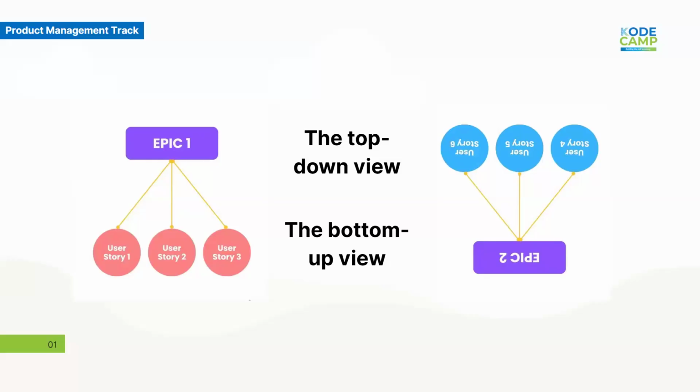When adopting the bottom-up view, the team often starts by identifying the smallest components of the epic and then gradually work their way up to the larger picture, right? This approach ensures that no detail is overlooked and that every aspect, right, of the project is carefully considered.